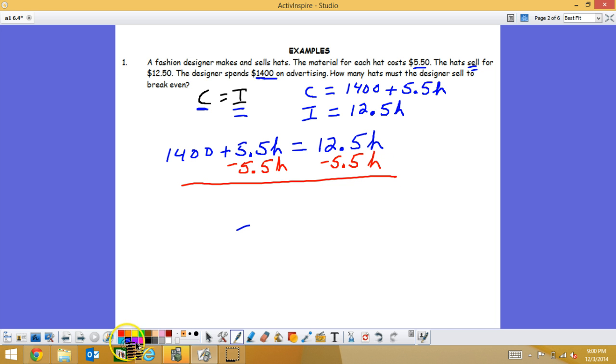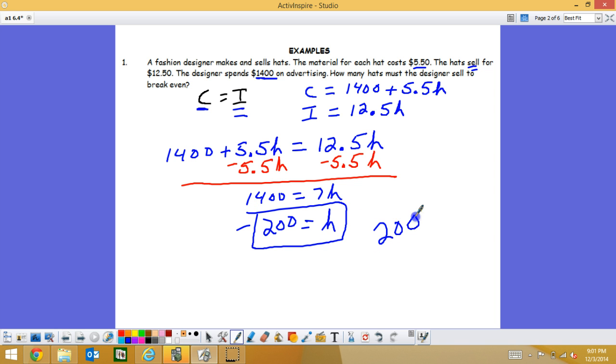And from that, we have 1,400 is equal to 7h. And when we divide both sides by 7, this designer needs to sell 200 hats in order to break even.